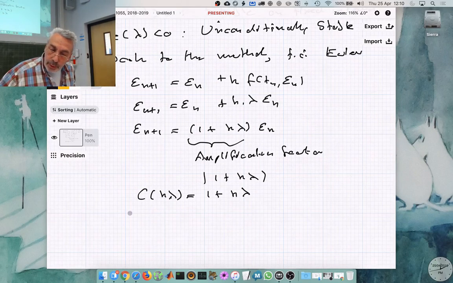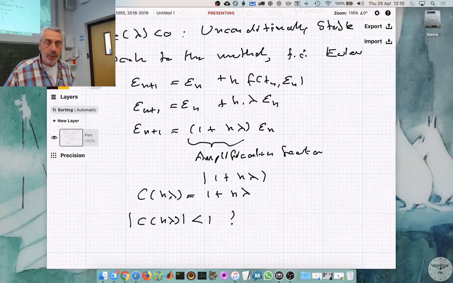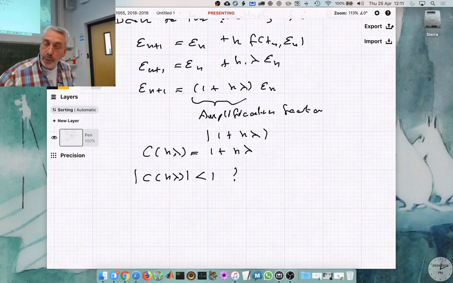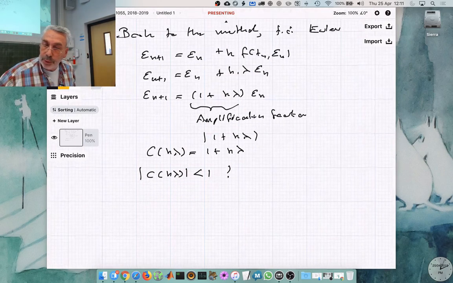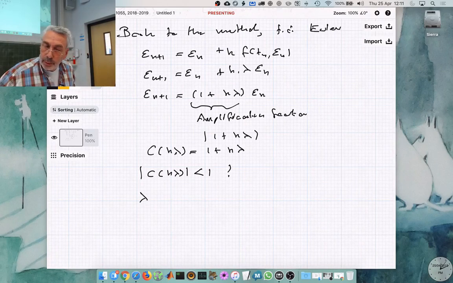We have to look at what this is. Is this ever less than 1? And you would think, well, no, never, because it's 1 plus, right? But lambda can be complex. If you have a pure oscillatory system even, then lambda can be complex.